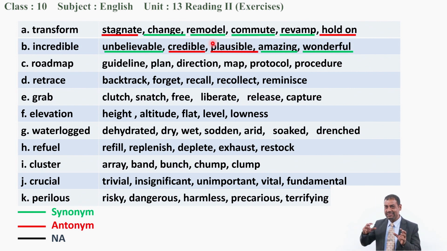So it is a bit quite difficult for you. I am not giving you only synonyms, so you just need to tell me, okay. Guideline, roadmap, synonym. Guideline, synonym or antonym? Okay, check with me. Synonym, good job. Plan, again it is synonym. Now direction, again synonym. Map, what about map? For roadmap, yes, synonym.